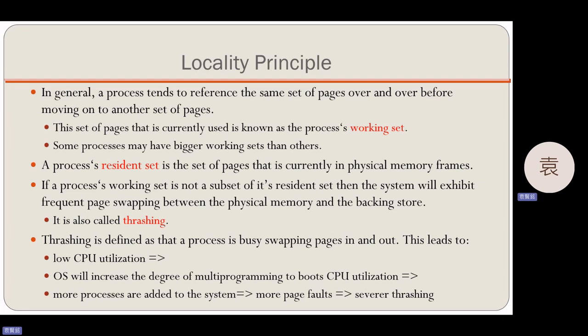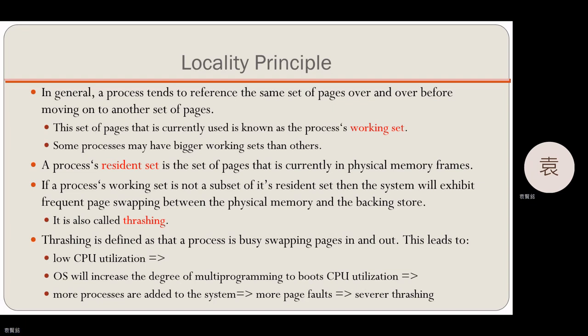Also, here we will discuss another important factor. We call it the locality principle. That means in general, when a process is executed, usually it will refer to a set of memory, and this set of memory that is currently referenced we call the working set.